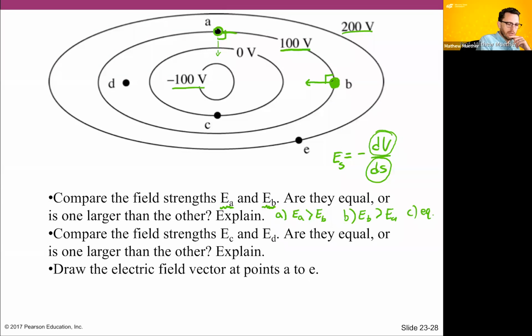So you can see in this case, if I travel from this point to this point, my potential changes by less than 100 volts. Or if I do the same thing over here, my potential changes by more than 100 volts because those equal potential lines are packed more tightly.